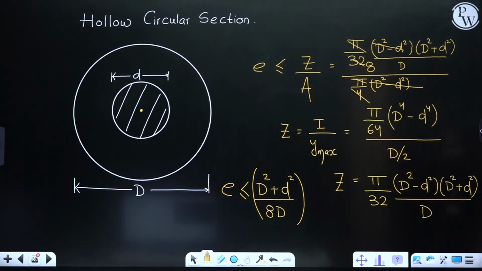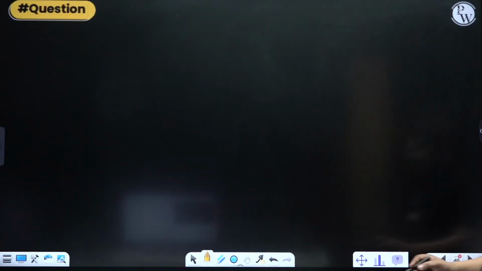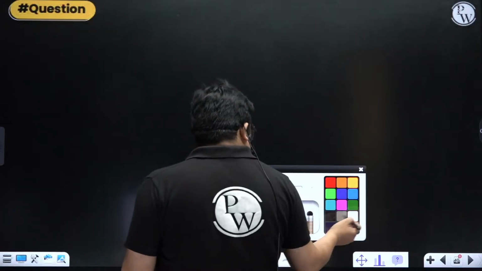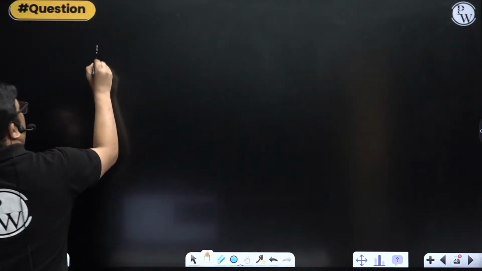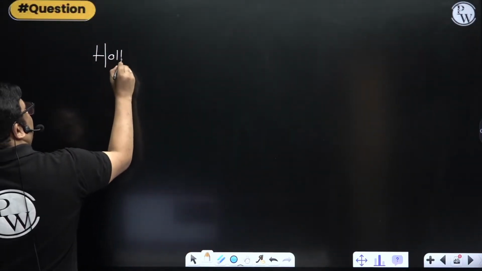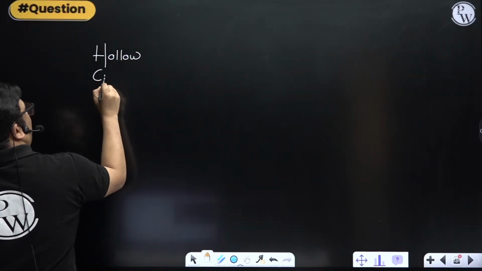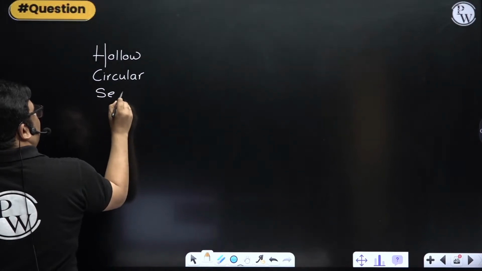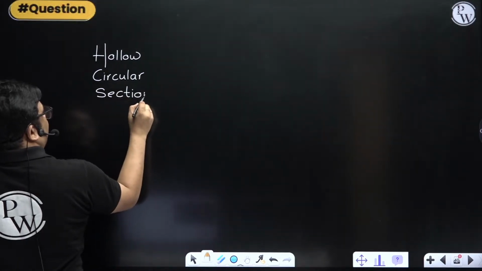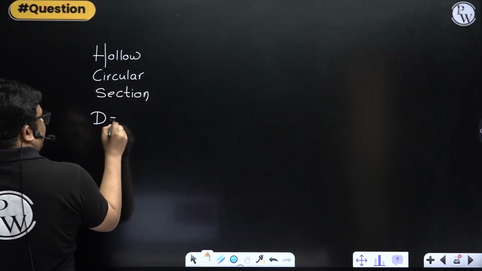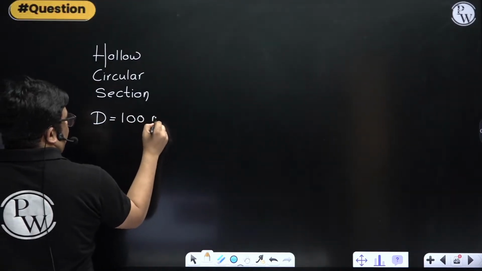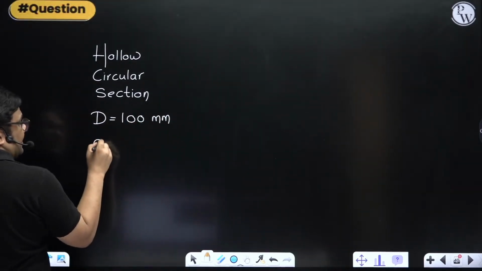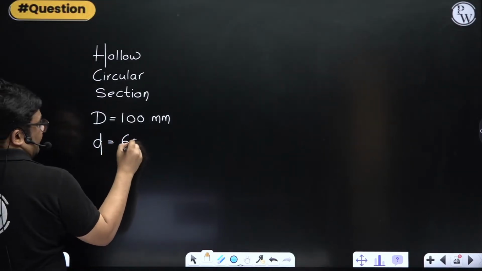So if they ask you a question like this, suppose they give you a hollow circular section, and the external diameter is given as 100 mm and the internal diameter is given as 60 mm.